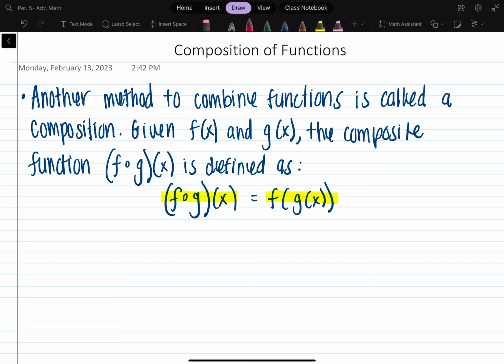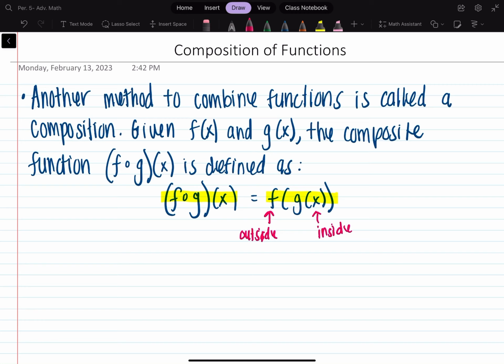We're working with two functions, and I'm going to be referring to them as the outside function and the inside function. You'll be substituting one of them into the other, and that's what's called taking the composition of functions.